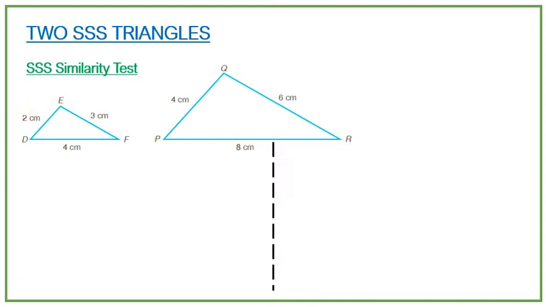And we said that two triangles are similar if the ratios of the corresponding sides are equal and if the corresponding angles are equal. But this time around, we are going to focus on the sides. How can we look at the sides of the two triangles and tell that these two triangles are similar?